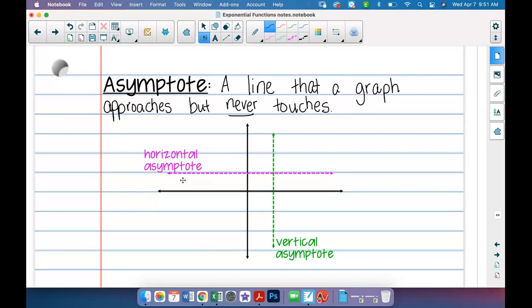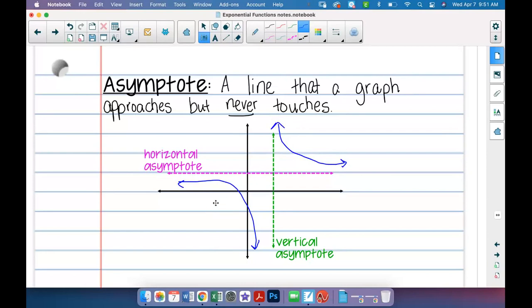Now, as far as the graph goes, you'll see more or less the graph will approach the asymptote. You know, you could have it like this, and then you could have like this.